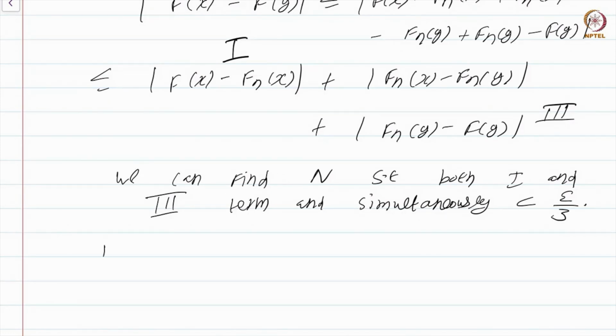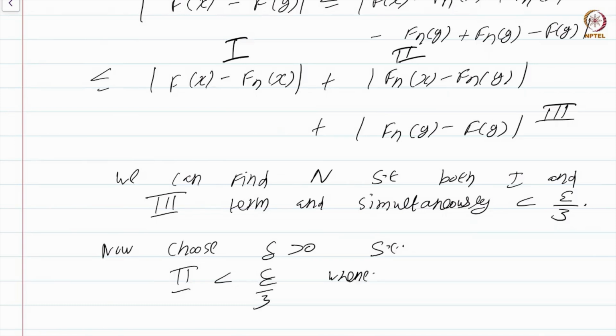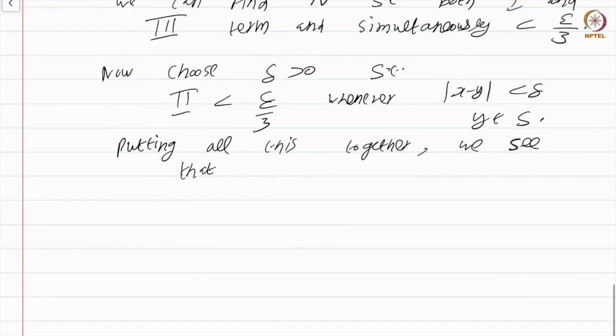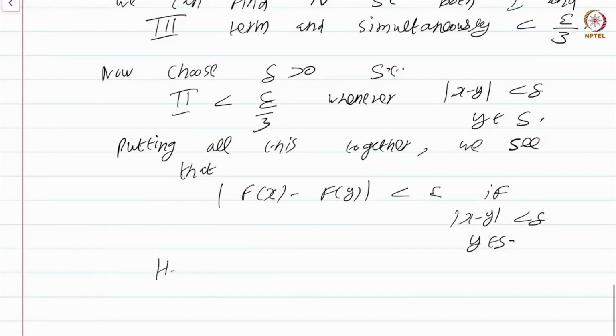Okay, now choose delta greater than 0 such that the middle term is less than epsilon by 3 whenever mod x minus y is less than delta and y is coming from S. Okay, so putting all this together we see that modulus of f of x minus f of y is less than epsilon if mod x minus y is less than delta and y is coming from S. Hence f is continuous.